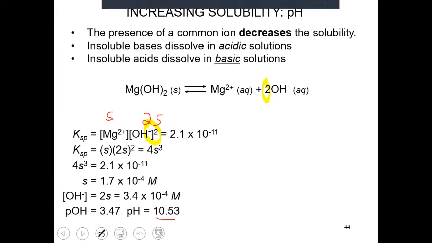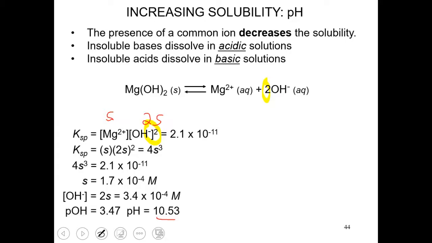So it's telling me that a saturated solution of magnesium hydroxide should have an alkaline or basic pH, because even though it is insoluble, there are sufficient hydroxide ions being put into solution to give me a basic pH. All right, everybody with me? Let me know if you're lost or if you have any questions.